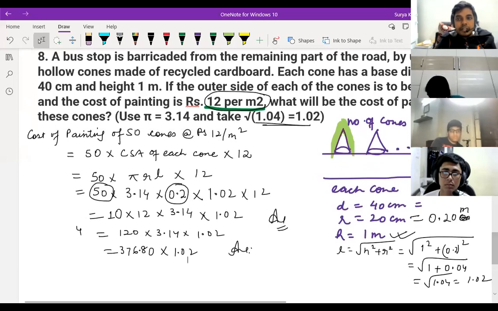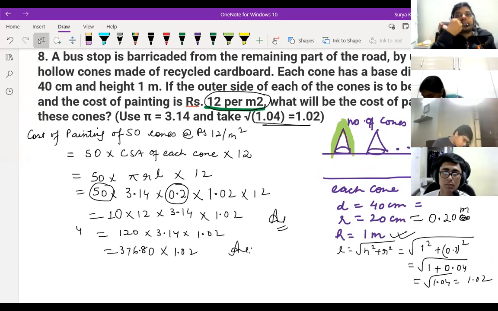What we are getting, children? Question number 8. Nihar, how much answer we are getting? What answer we are getting? Sir, I'm calculating, sir. I'm getting a bit confused.